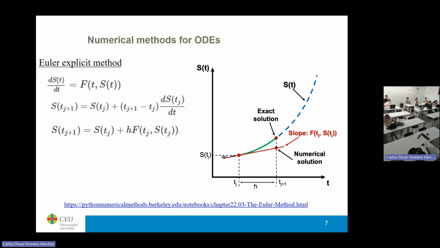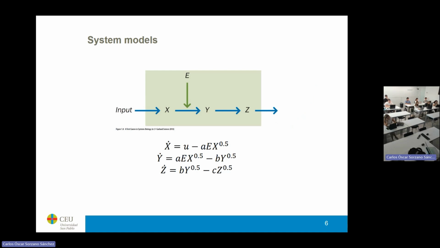Okay, so these are differential equations. So we have to solve those differential equations. So what we will do is to use some numerical method. In general, this kind of equation system, you can write as, okay, so we have something like this.